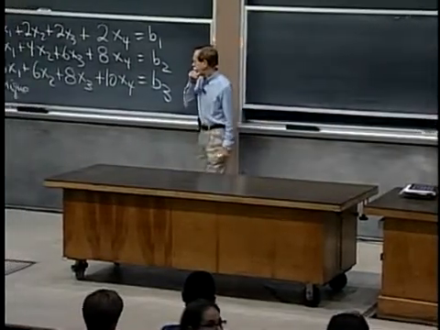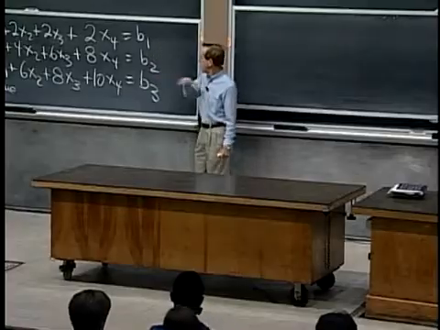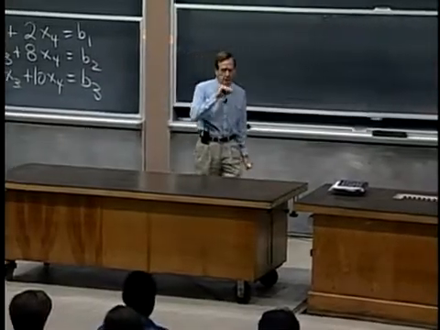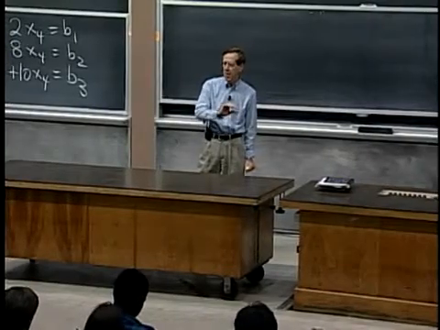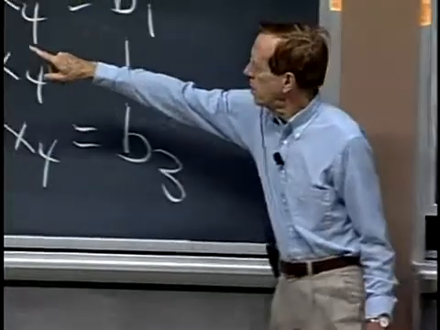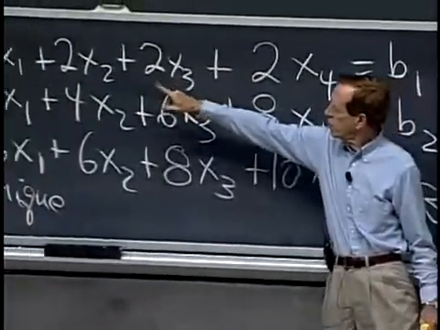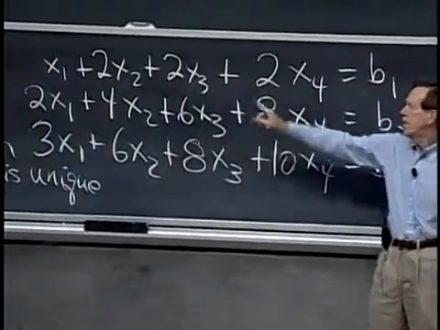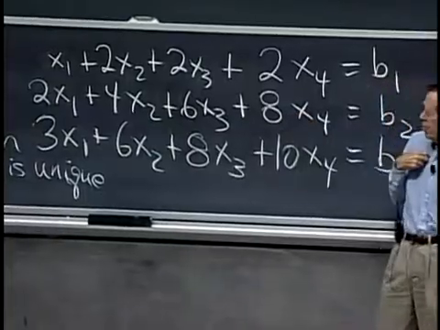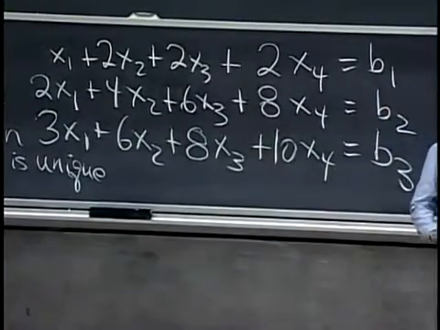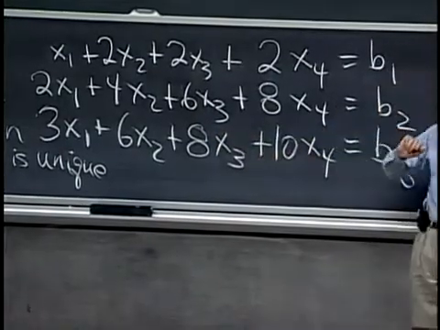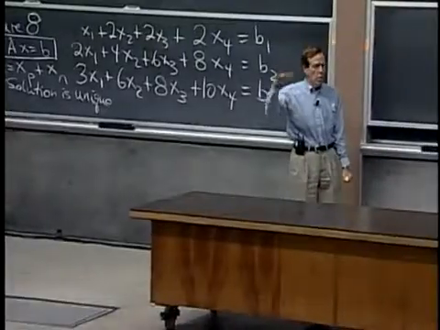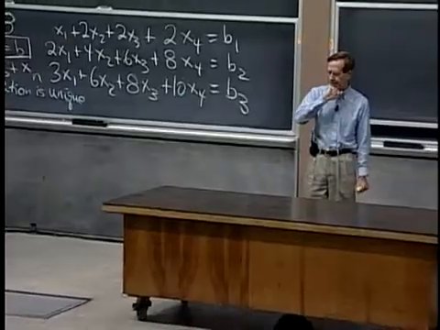Okay. Can I use as an example the same matrix that I had last time when we were looking for the null space? So the matrix has rows 1, 2, 2, 2, 2, 4, 6, 8, and the third row, you remember the main point was, the third row, 3, 6, 8, 10, is the sum of row 1 plus row 2.